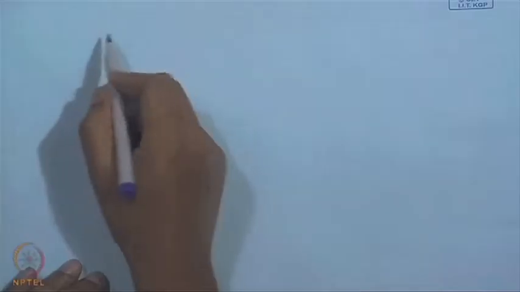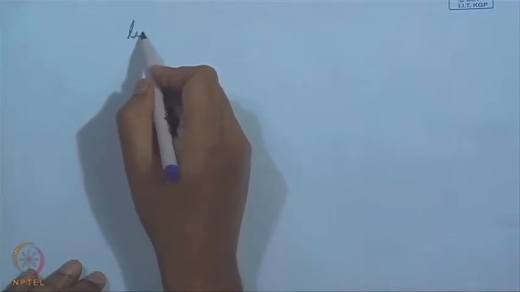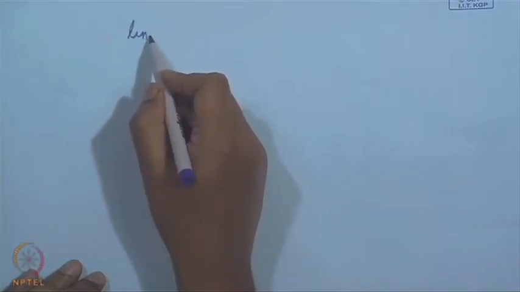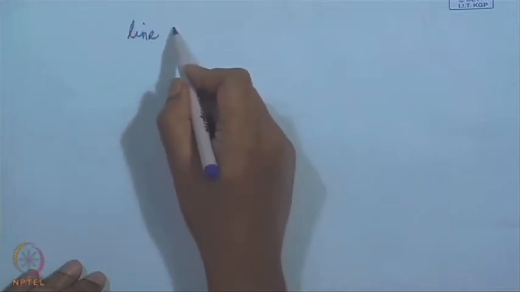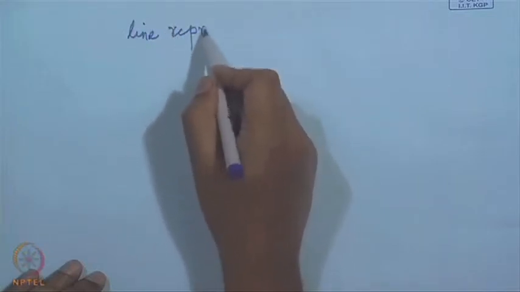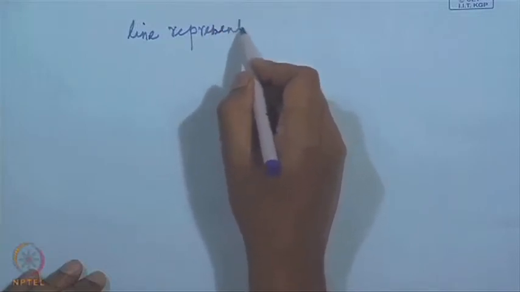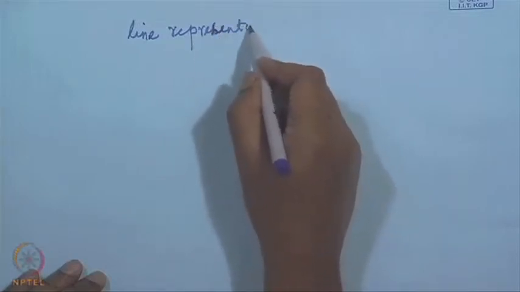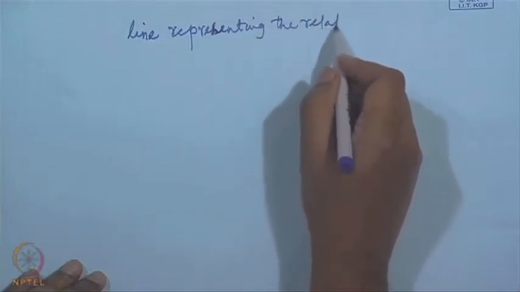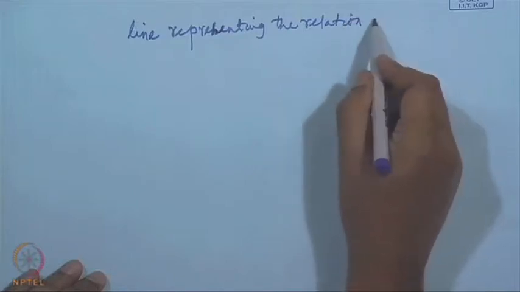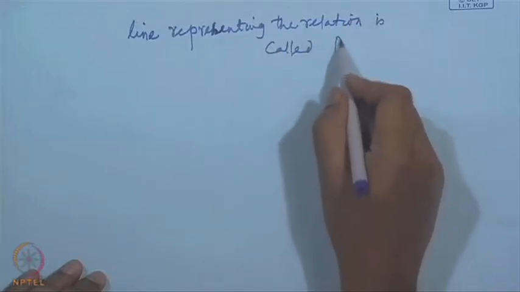So, the line representing the relation is called Rayleigh line.